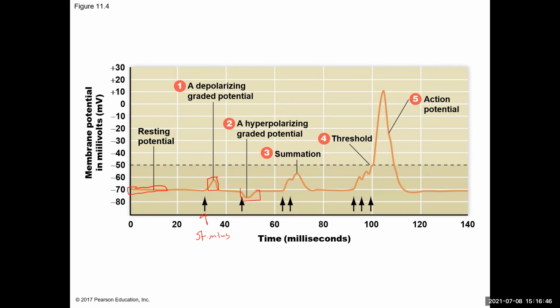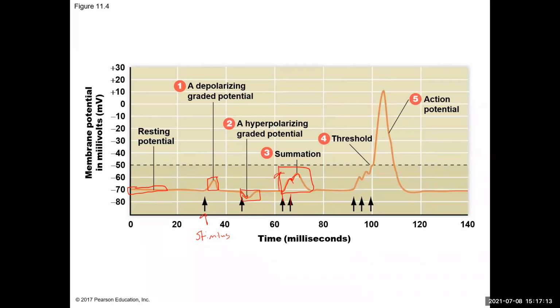Here you see a hyperpolarizing graded potential, becomes more negative. Here is where you see your summation. You have two stimuli right back to back. You get one graded potential, but before it can go back down, you get another stimulus that causes a summation eventually.